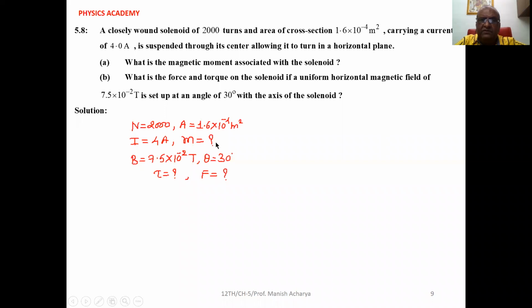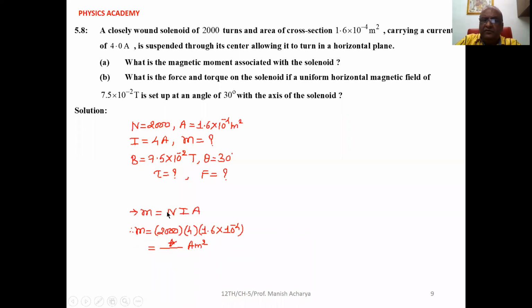Now in the second question, the uniform magnetic field is 7.5 into 10 raised to minus 2 Tesla, and the angle between the axis of the solenoid and the field, theta, is given as 30 degrees. Now what is the torque acting on the solenoid and what is the force acting on the solenoid, that we want to calculate. Clear to all of you?